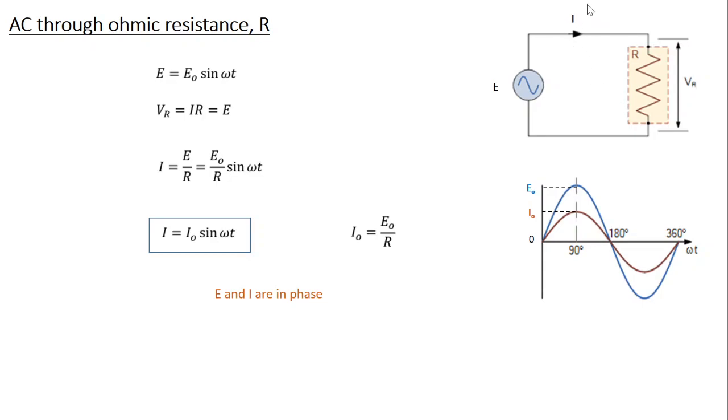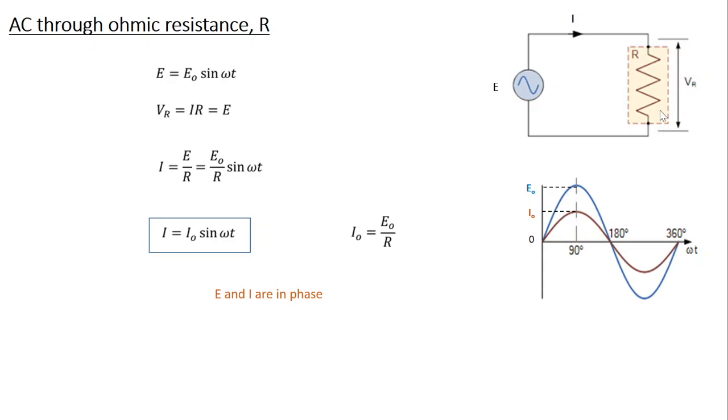Assume that I is the instantaneous value of the current. When the current flows through the resistance, a potential drop is going to happen across this resistance, called that as VR. If I is the current, R is the resistance, potential drop across the resistor VR is equal to IR.